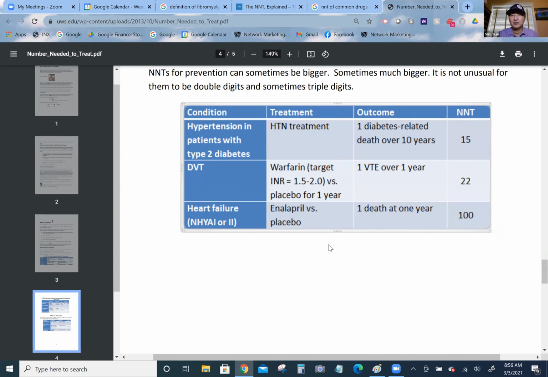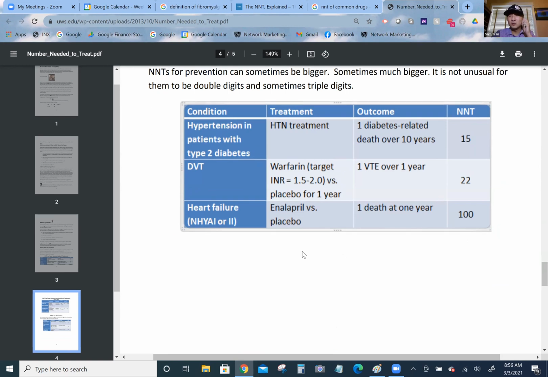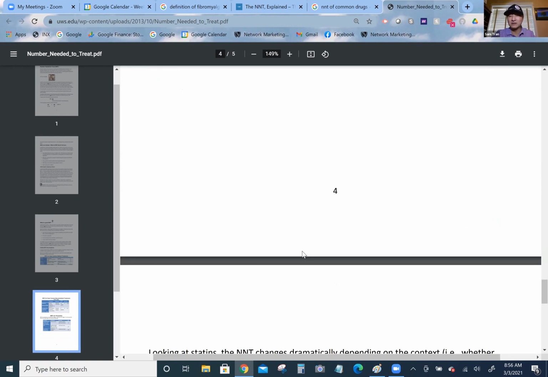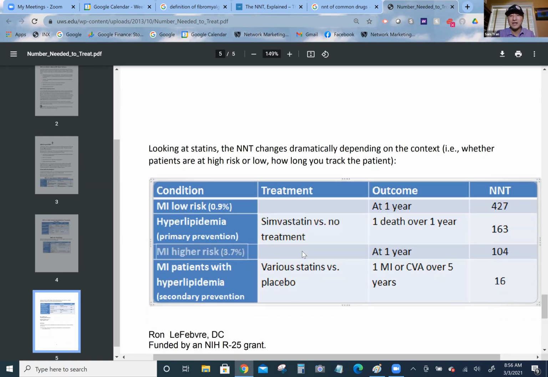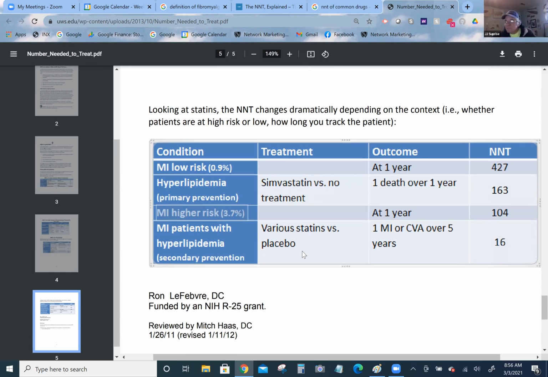Enalapril. So you want something that's a low NNT, obviously. Oh, check this out. Simvastatin, one of these statins. Oh, look, the NNT is 163. Wow.